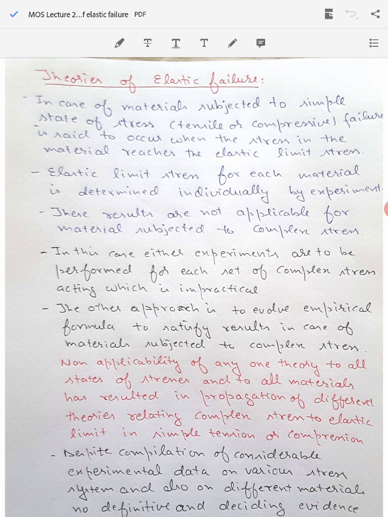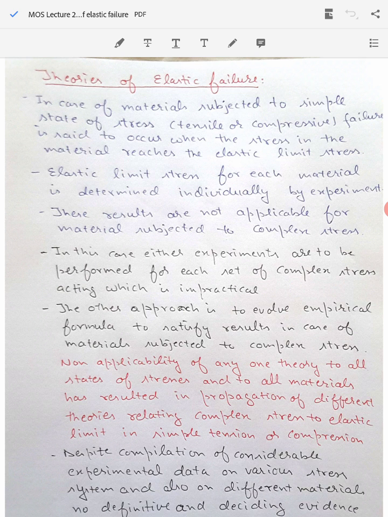So a component is considered to have failed if it has crossed its elastic limit stress value that is measured in the simple tension test. The results of such a test shall be applicable to all those cases when the component is subjected to only tensile stress, and that too in one single direction.